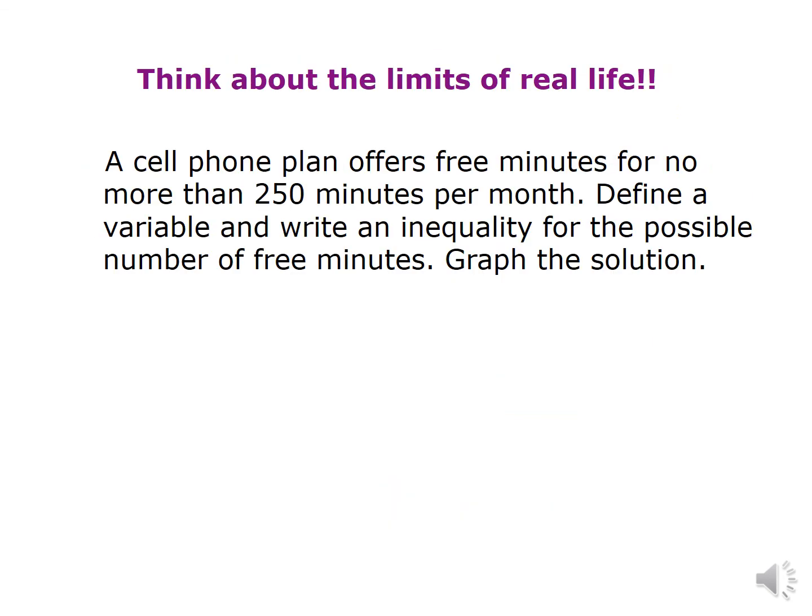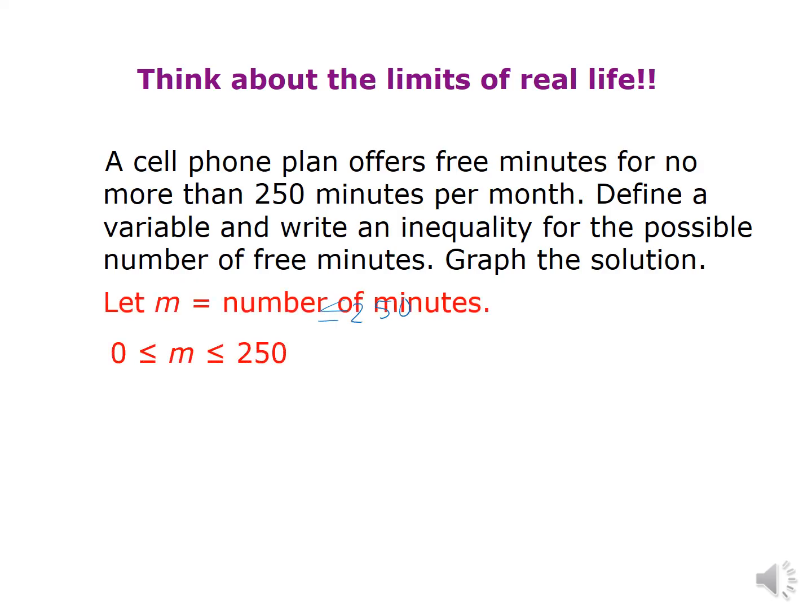Okay, now we're going to think about the limits of real life, and you're going to wonder what that means until we do this. A cell phone plan offers free minutes for no more than 250 minutes per month. If you think about it, no more than is going to be this. First they tell us that M is the number of minutes, and here's the graph.